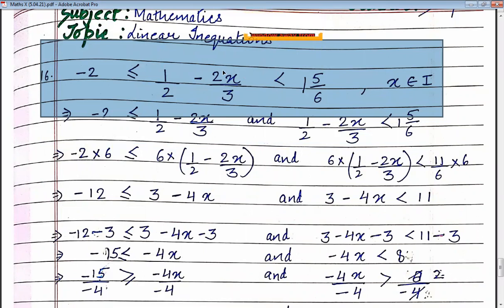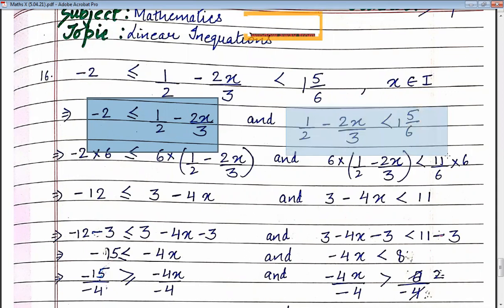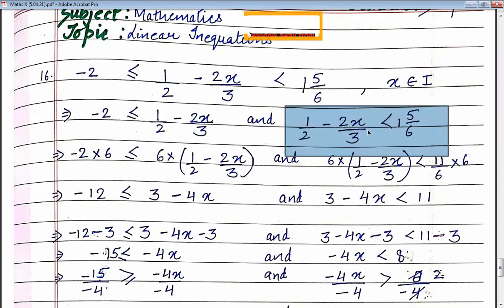Now children, in this question your value lies between two given numbers. So you can split this question and write it as minus 2 less than or equal to half minus 2x upon 3, and separately, half minus 2x upon 3 less than 15 upon 6.